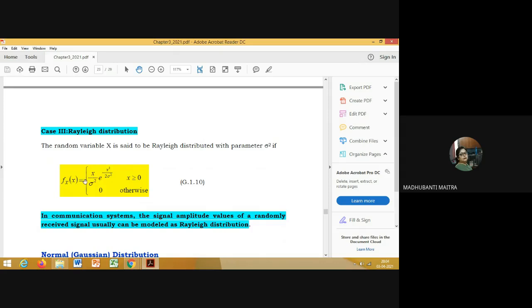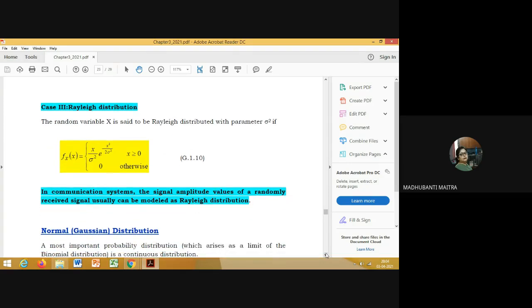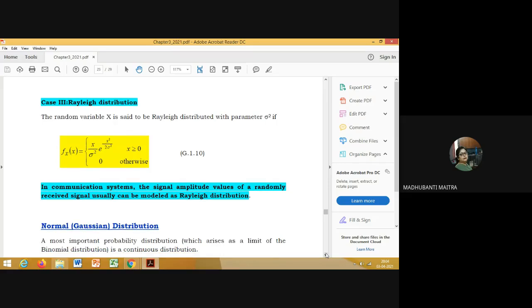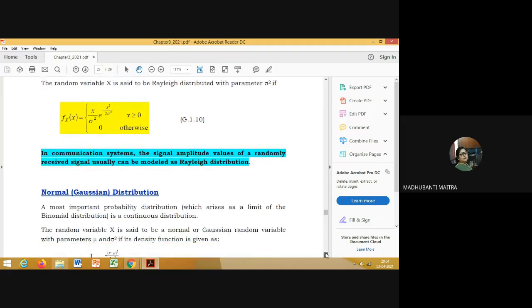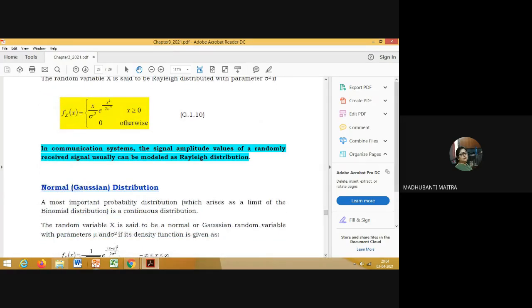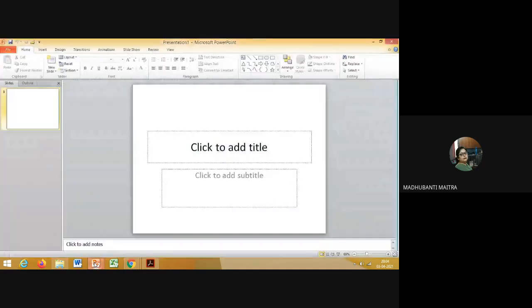This is the density function for the Rayleigh distribution. In communication systems, the amplitude values of a randomly received signal can usually be modeled as Rayleigh distributed.